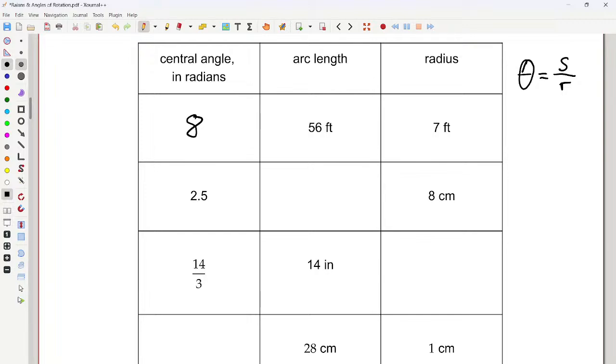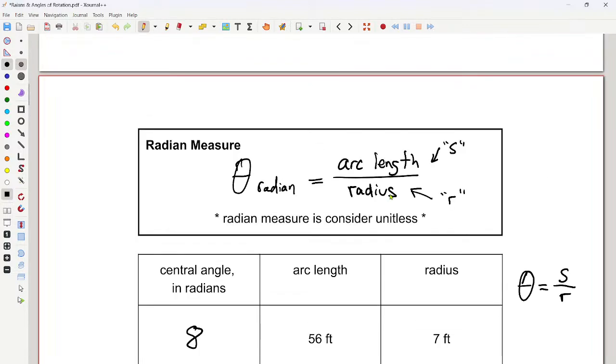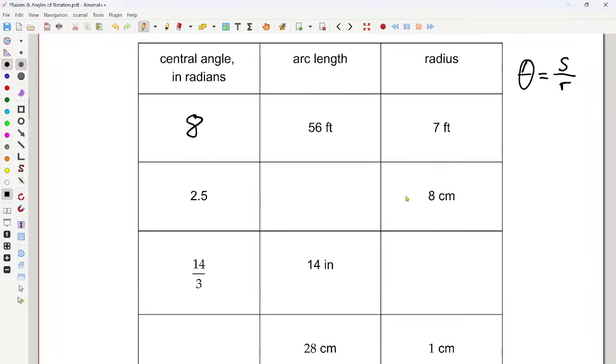No, because that would be degrees, not radians. No units with radians. Arc length I can measure in steps, feet, miles. Radius would be measured in the same unit, so the units end up canceling out. It's considered unitless. So you literally just say 8.